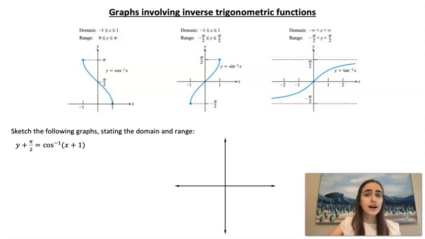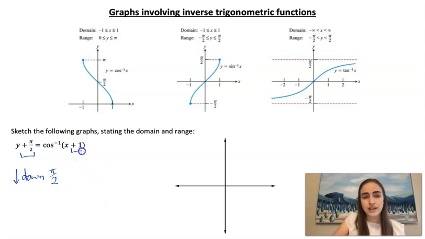Our first example asks us to sketch y plus pi on 2 equals cos inverse of x plus 1. So because it's cos inverse, what we're starting with is this graph here, and then we have to look at how that's transformed. So this plus pi on 2 here, because it's y plus pi on 2, that means that our whole graph is going to shift down pi on 2 units.